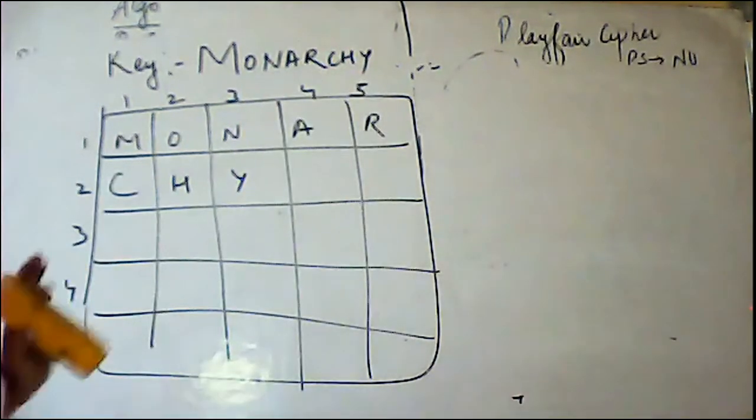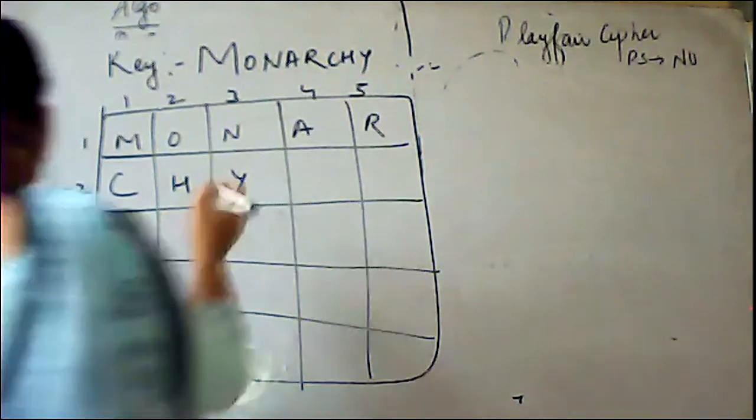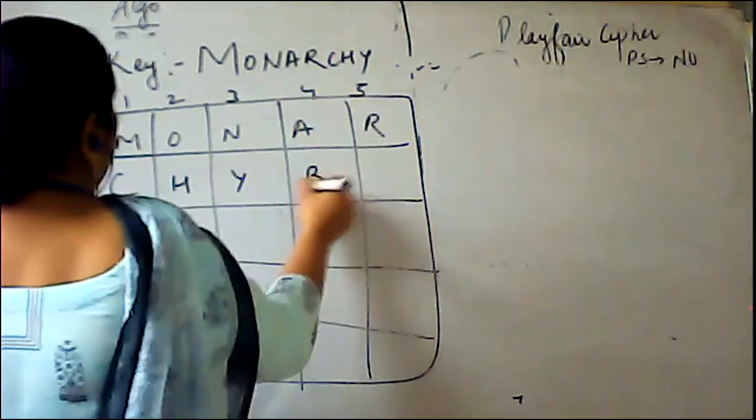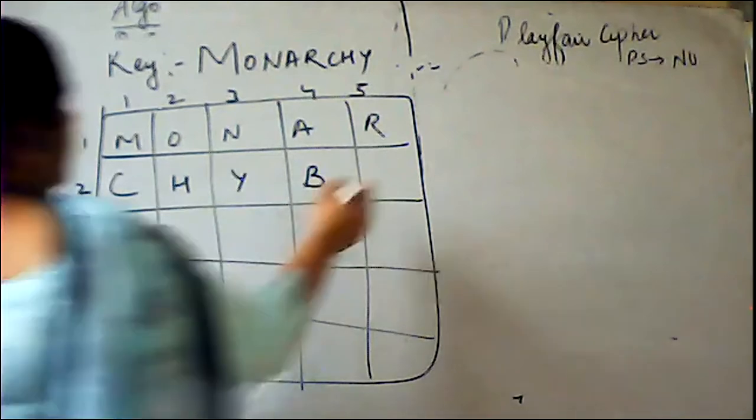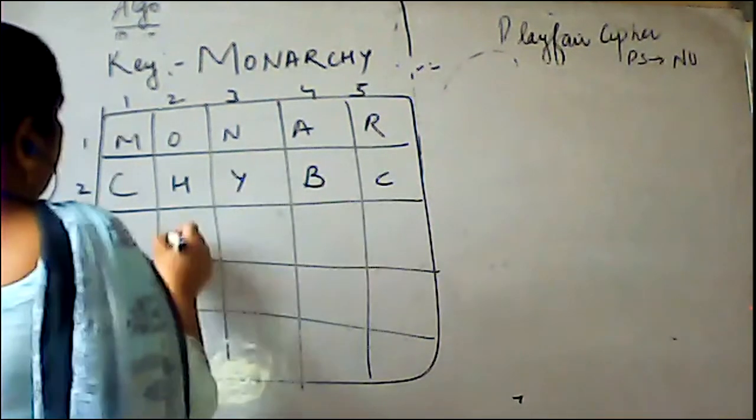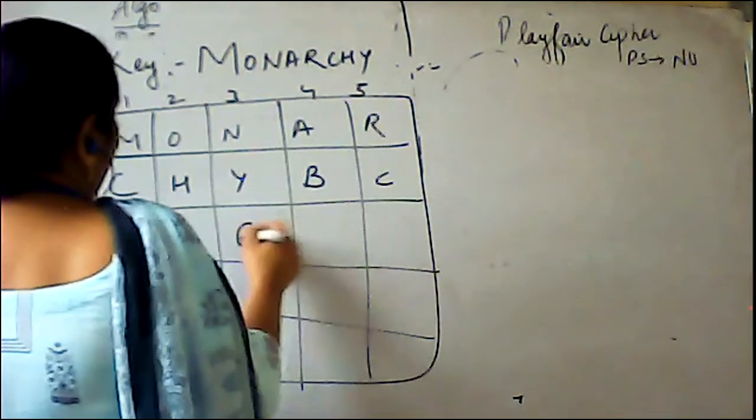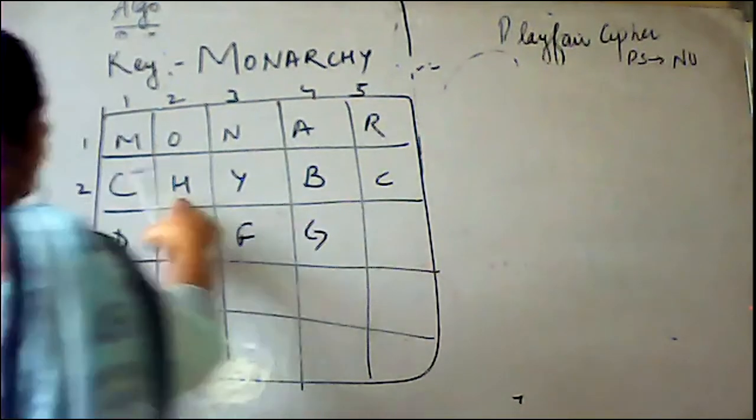Every alphabet is different. Okay. Now A is there, write it, then B. Then C is not there, D is not there, E is not there, F, G, H is here, so don't do it.